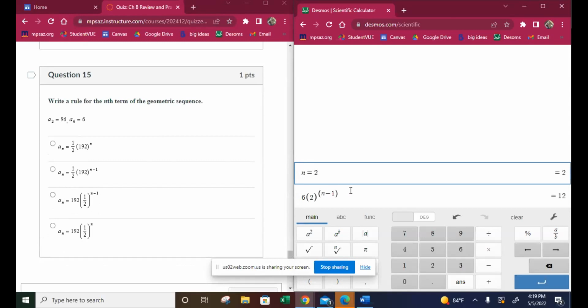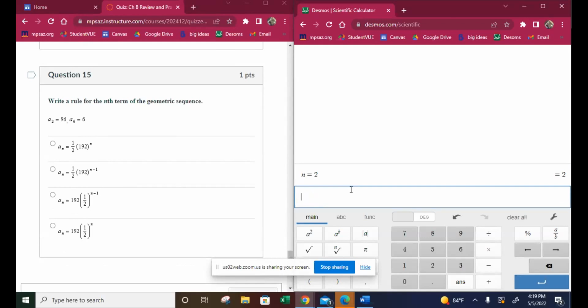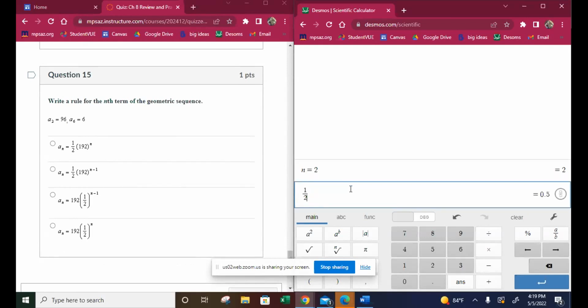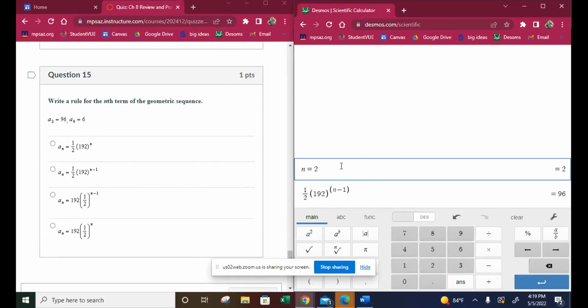2. That doesn't seem right, does it? No. 96. N minus 1 works, but at 6 doesn't work. So we know it's not that one.